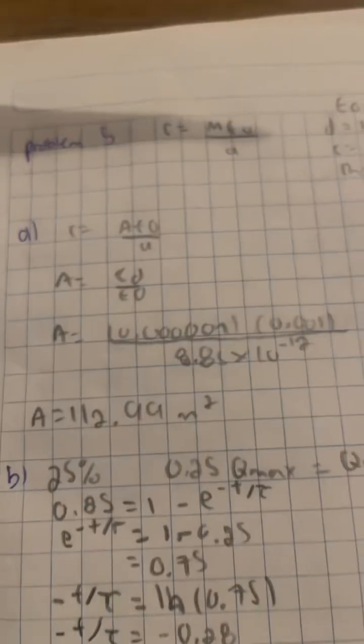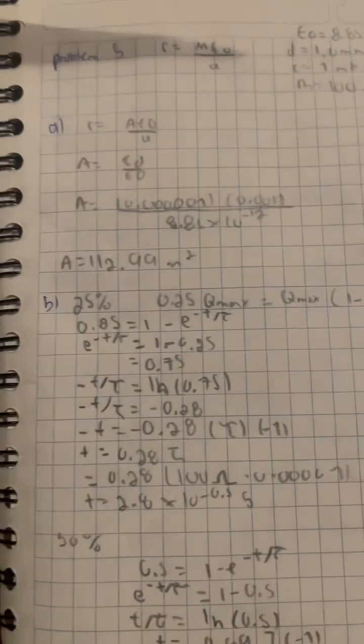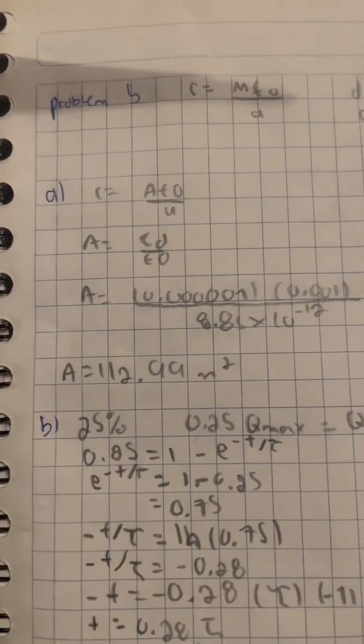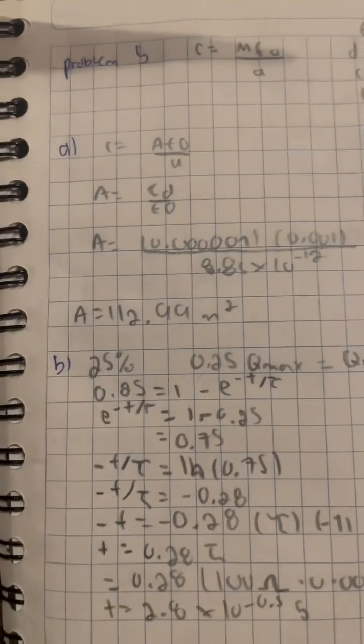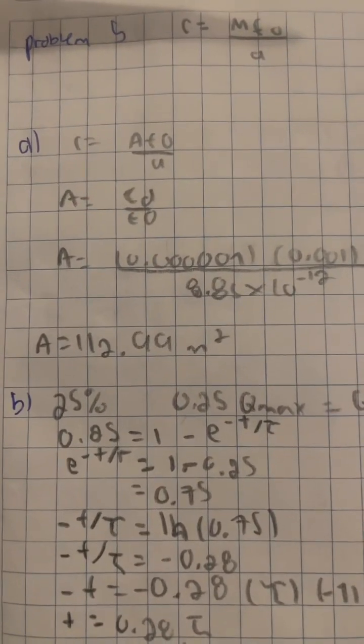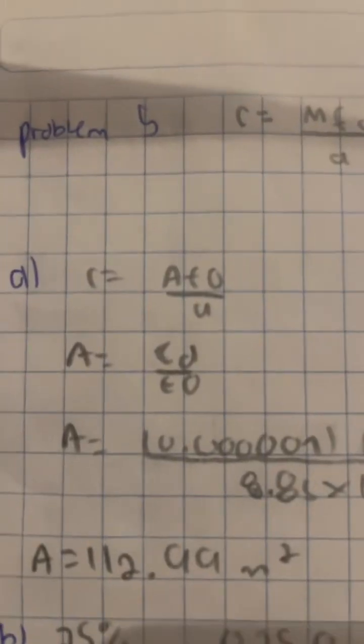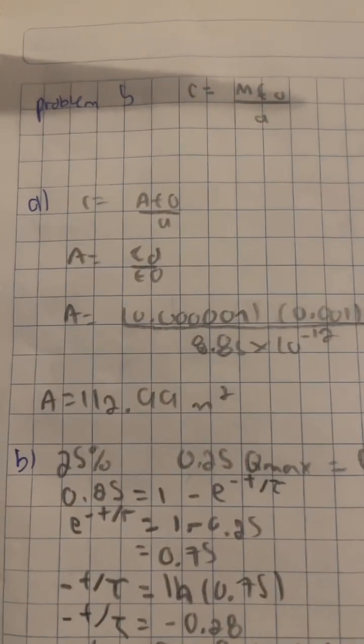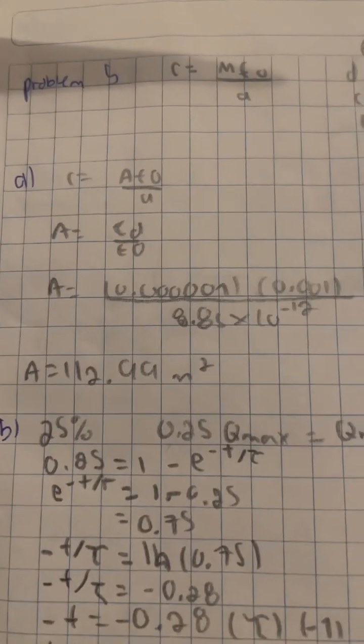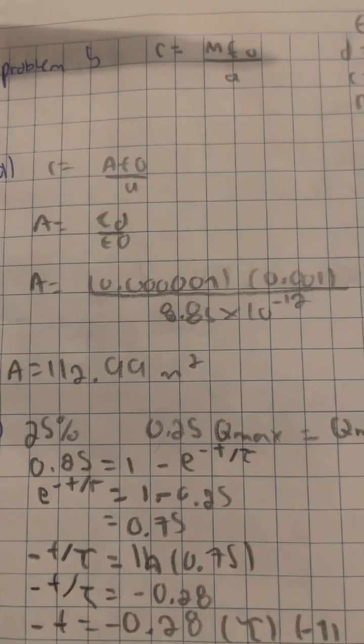Well, for the fifth problem, for part A, I use the fundamental capacitance formula for a parallel plate capacitor, that is this one, where A is the area and d is the separation distance between the plates.